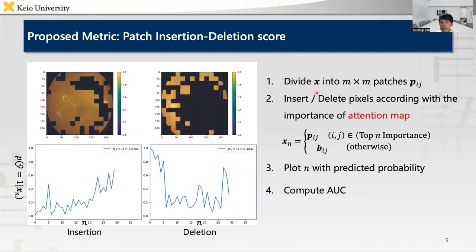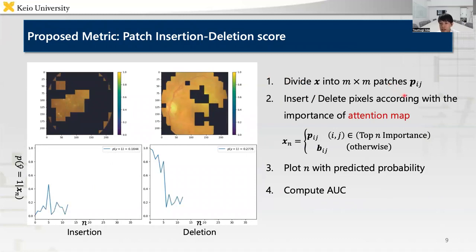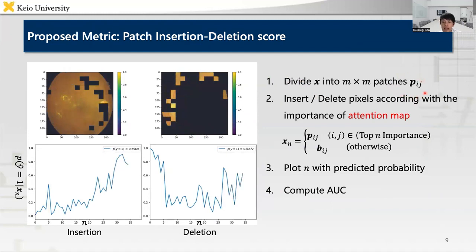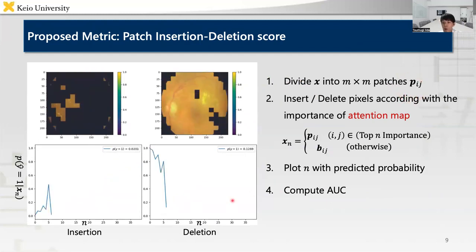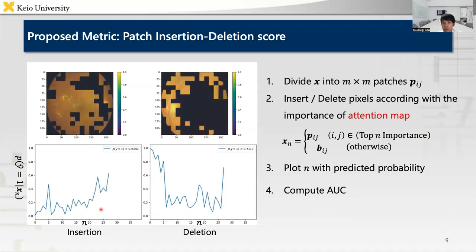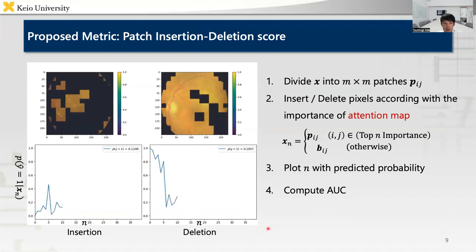First, we divide image X into patches and insert or delete patches based on the importance score. Let's call this P_ij. Then, we plot N with the predicted probability, and the PID score is computed as the AUC of this plot.